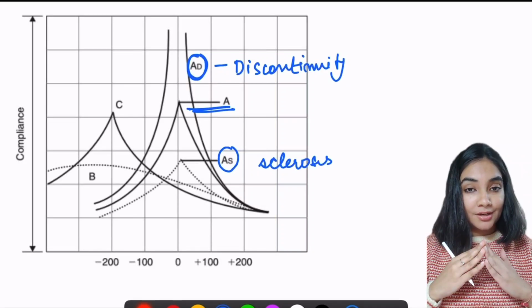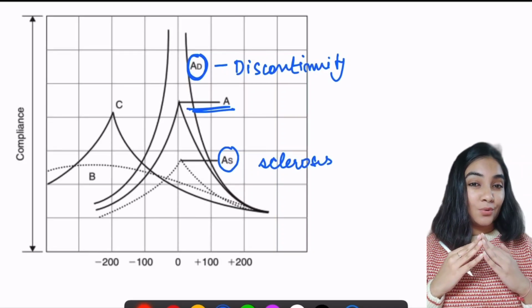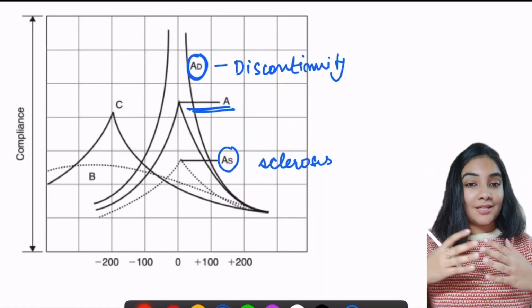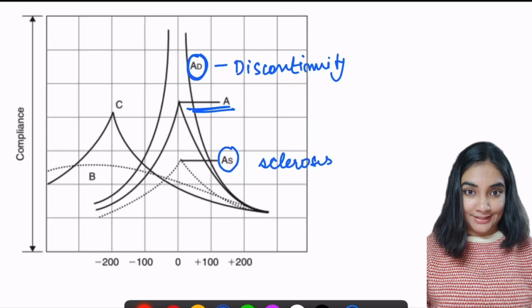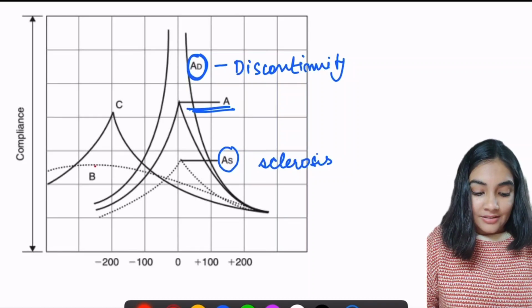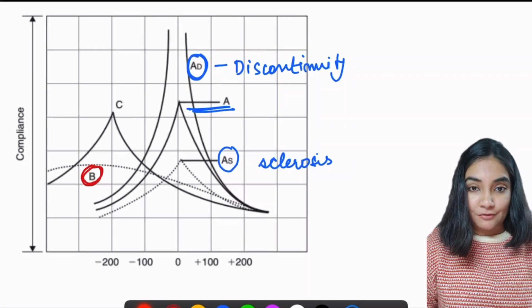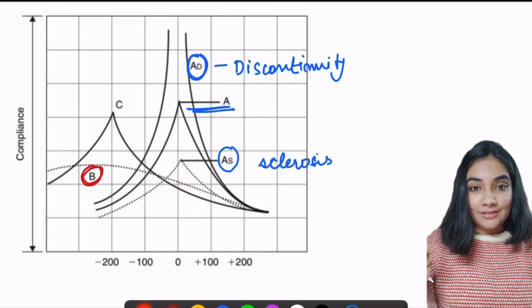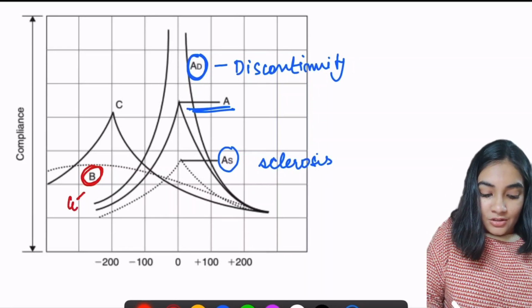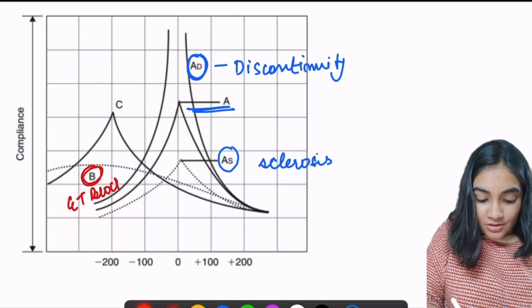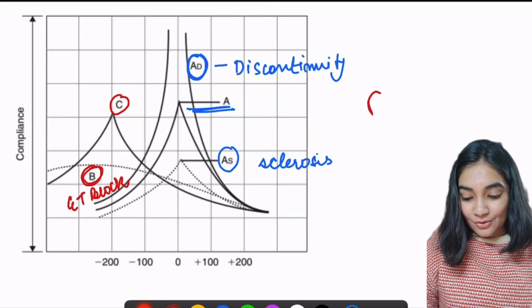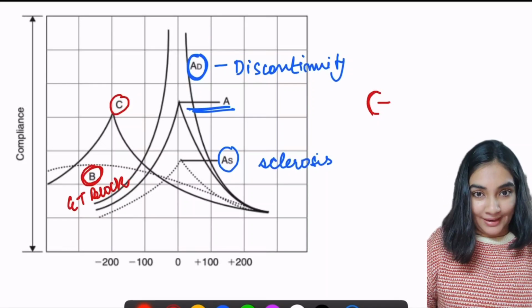So a shorter graph if the bones are sclerosed and cannot move, and a tall graph if the bones are discontinued and are moving freely. We see a flat type of graph in case of any fluid in the ear, like in cases of eustachian tube blockage, and C-type graph. C itself looks like a retracted tympanic membrane.